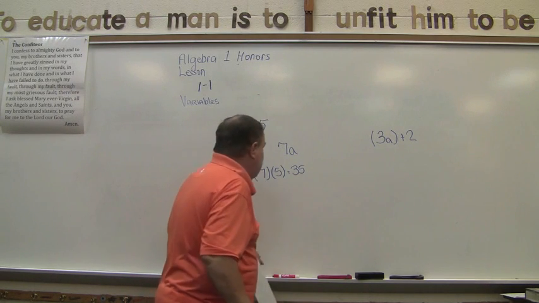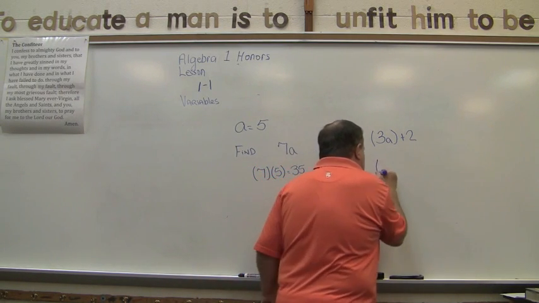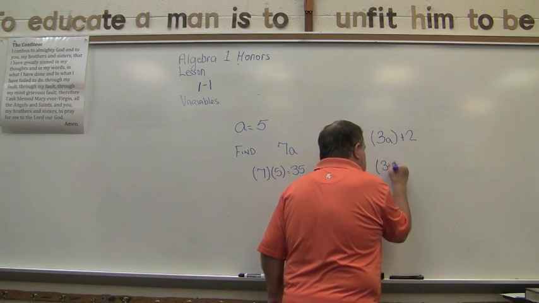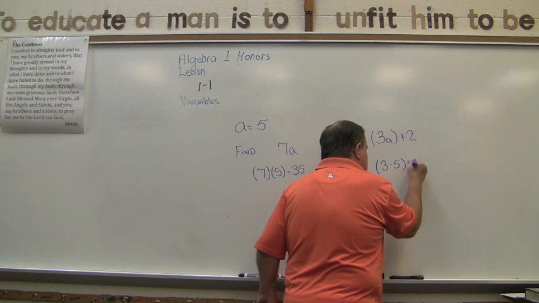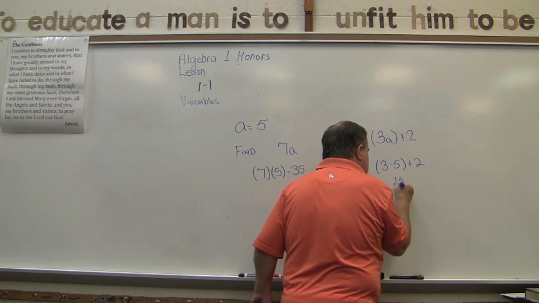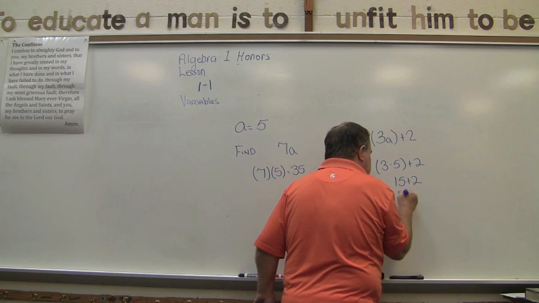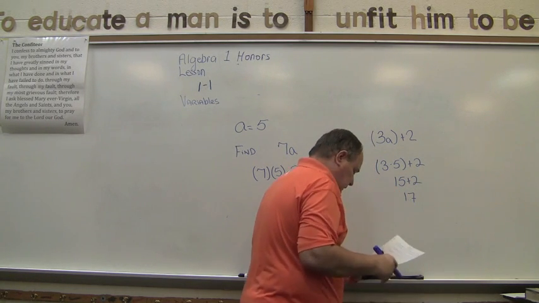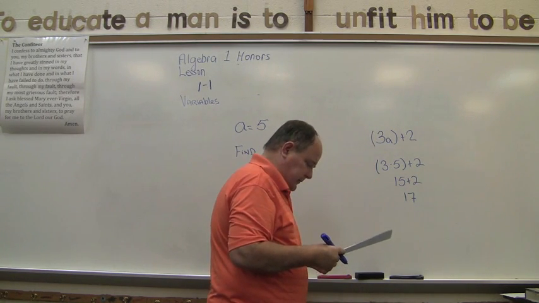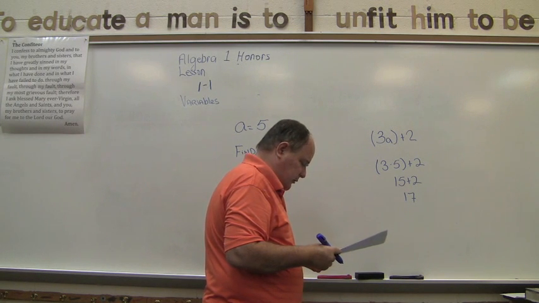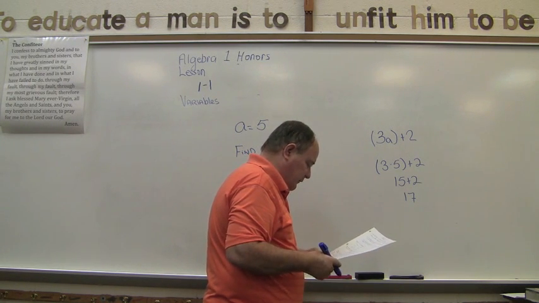And over here, we're going to plug in our 5, and we're going to get 3 times 5 plus 2, 15 plus 2 equals 17. And that's how we actually plug in a variable.